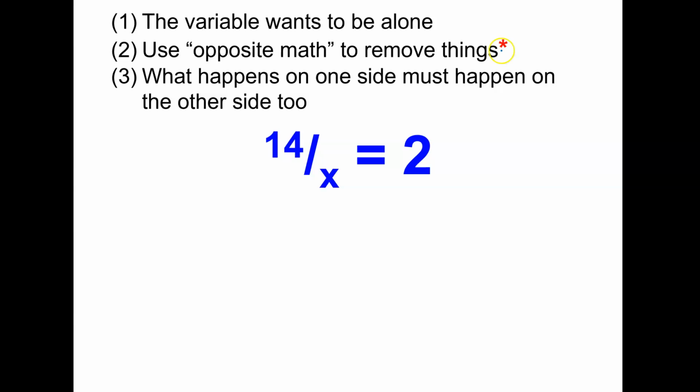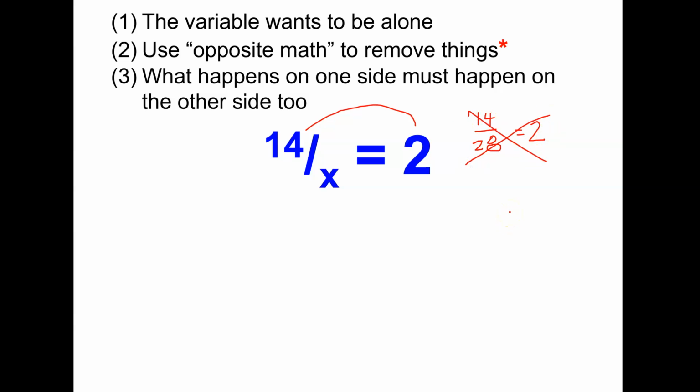If we look at this as a division problem, and we think that in order to undo division, we have to use the opposite, which would be multiplication, then we would multiply 14 and 2. But that gives us 28. And if we check our work and replace the variable with that number, well, that's just not true. 14 divided by 28 does not give us 2.